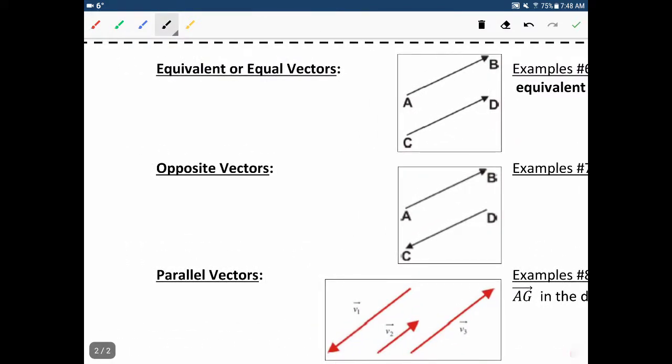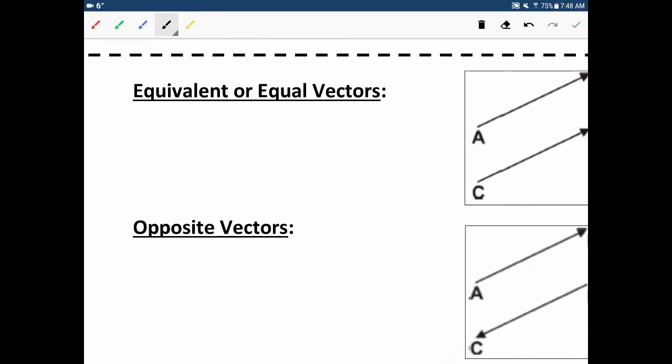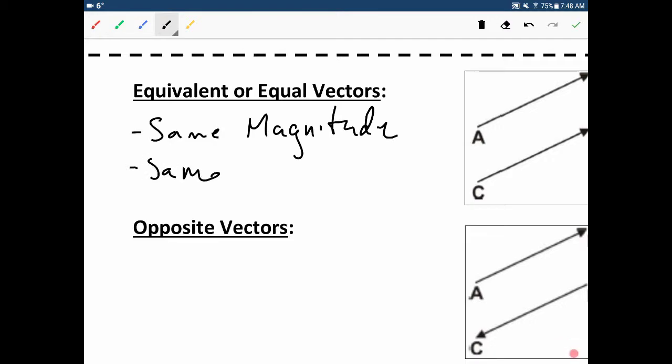So, equivalent or equal vectors, they have the same magnitude and they have the same direction.